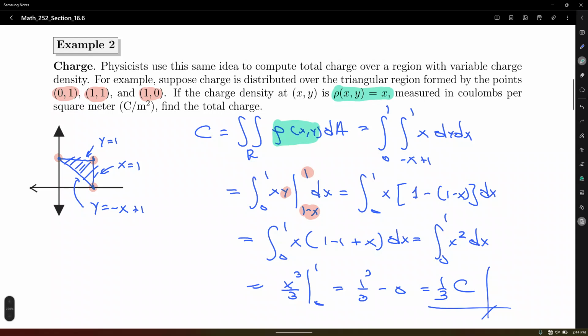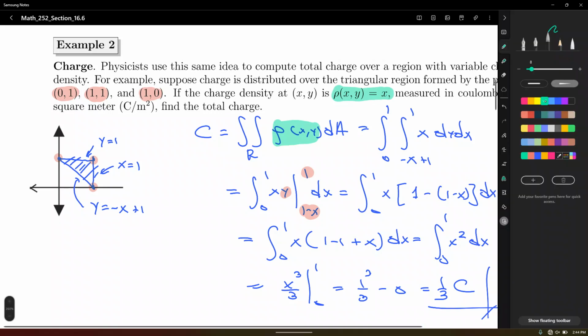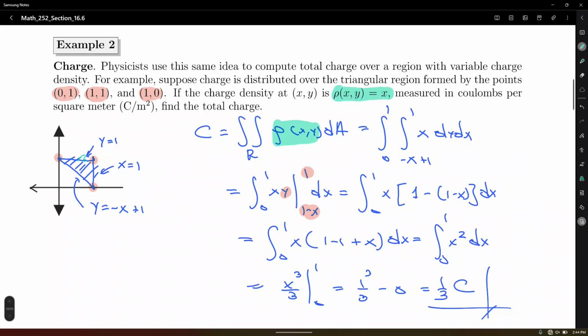Let's iterate the double integral. Well, so given that this triangular region happens to be both vertically simple and horizontally simple, I'm going to go with vertically simple because it's easier to work with functions of x rather than creating functions of y. Well, so let's define the functions.